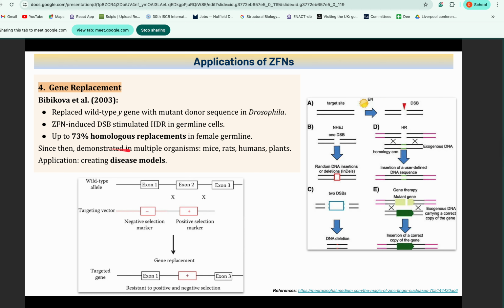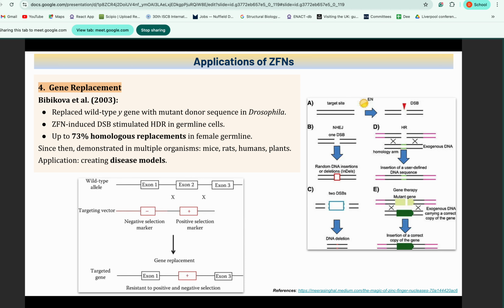Since then, it was demonstrated in multiple organisms: mice, rats, humans, and plants. So the application is that we can create disease models. We can see how mutations can lead to a particular disease. This is just for the yellow gene, but there are some genes which are responsible for patterns or some body structures in organisms, for example in Drosophila, the wing structure or its other parts.